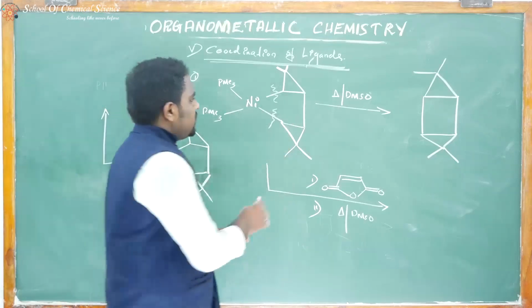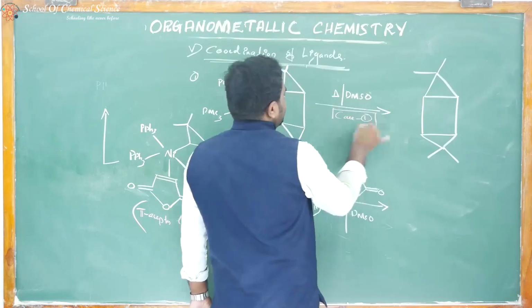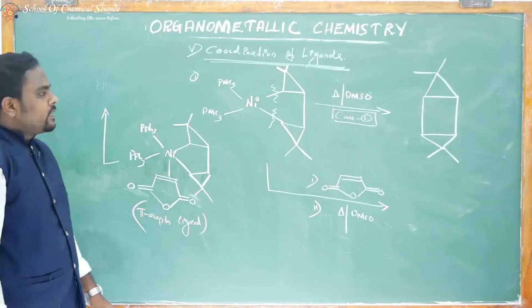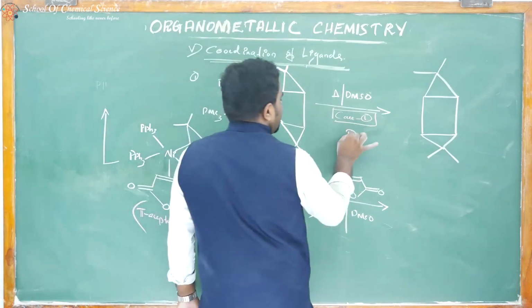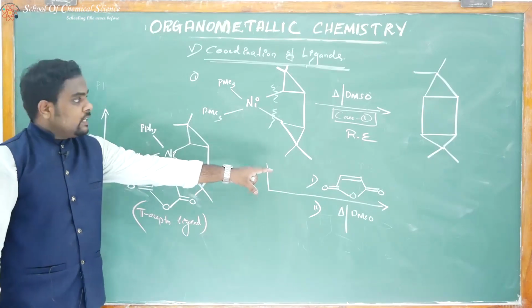In case 1, the two anionic ligands are directly eliminated. Reductive elimination. Here the first step is not reductive elimination.